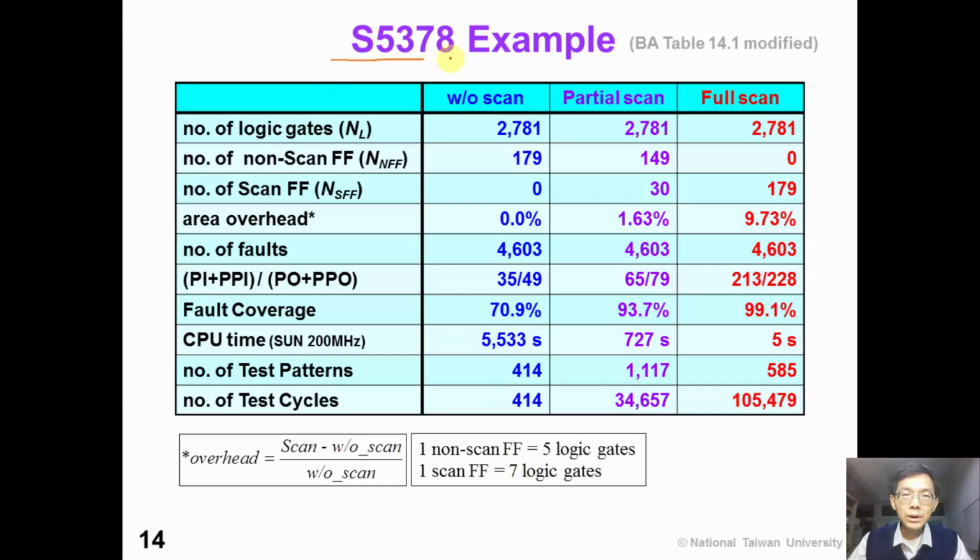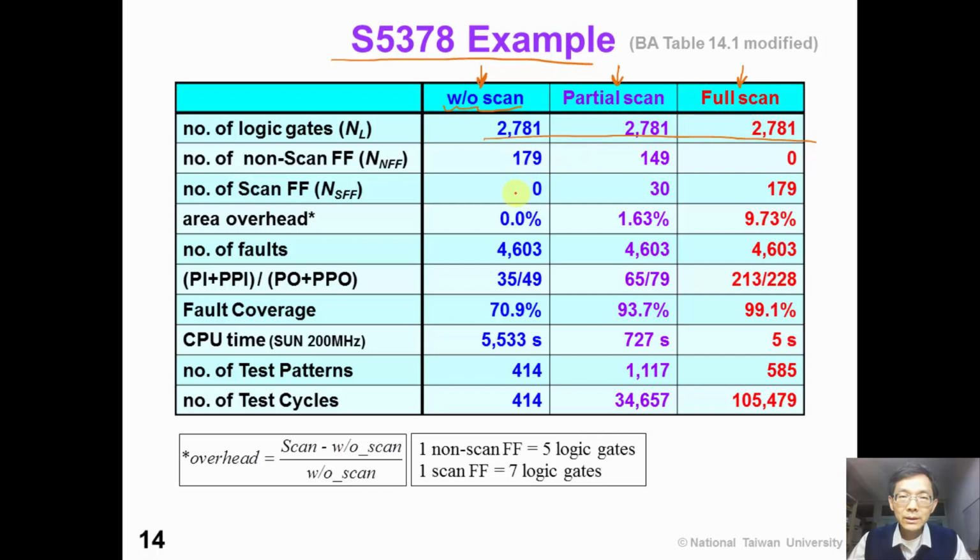This table shows an example of a benchmark circuit, S5378. This column shows the original design without scan. This column shows the partial scan, and the right hand side column shows the full scan design. The number of logic gates is the same, 2781.